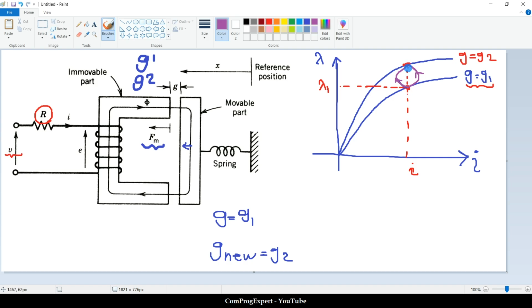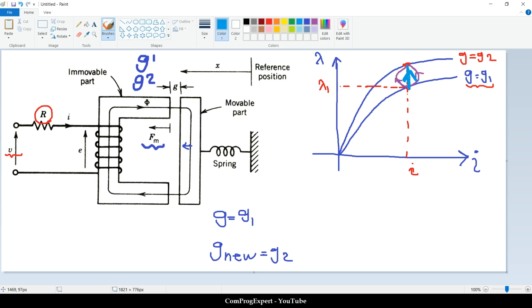But if you consider a differential time, and if you consider that the system is lossless, we can have two special trajectories. This is the first one. This one.